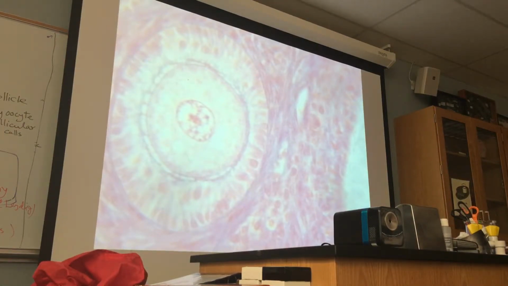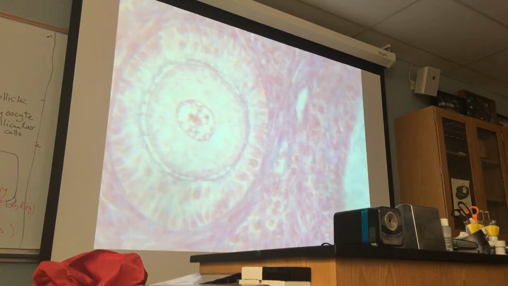Which part is that? The protective structure, this structure around the primary follicle is called theca folliculi. But I don't think that I have that in the study guide. You don't. Okay, but I talked about it, isn't it? Theca folliculi is a structure surrounding the whole structure.